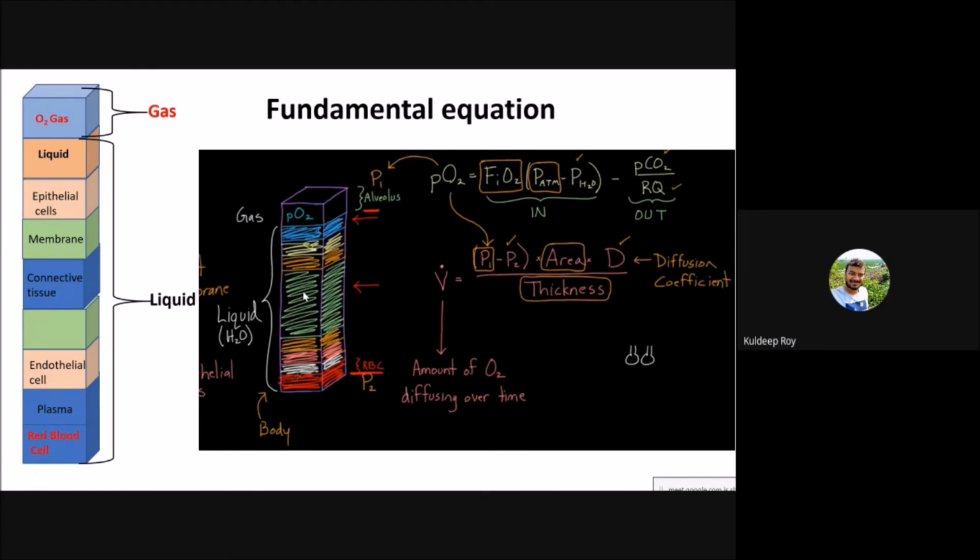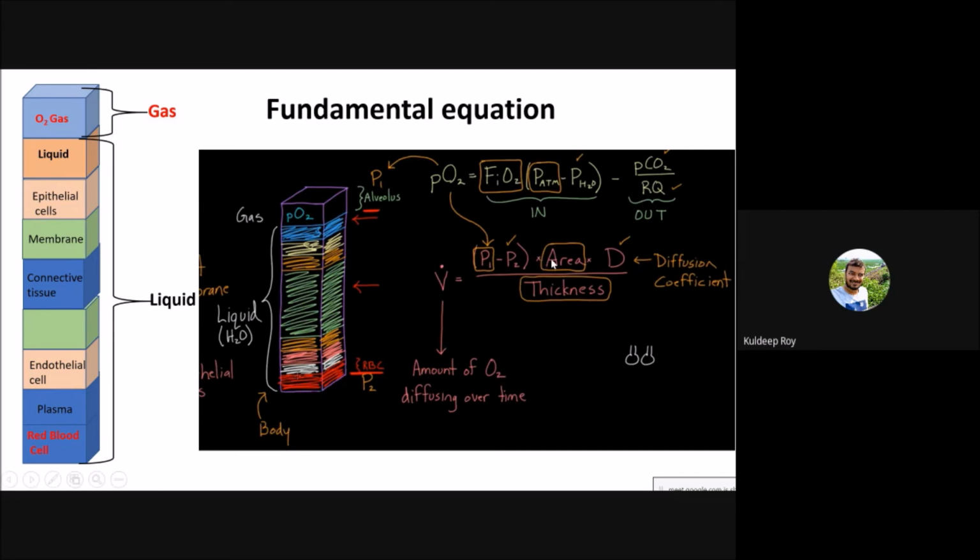Okay, if you check this expression, you can see the amount of oxygen diffusing is inversely proportional to your thickness. It means if the thickness is lower, then your diffusivity will be higher. If your thickness is higher, then diffusivity will be lower. But at the same time, the amount of diffusion is directly proportional to the area.